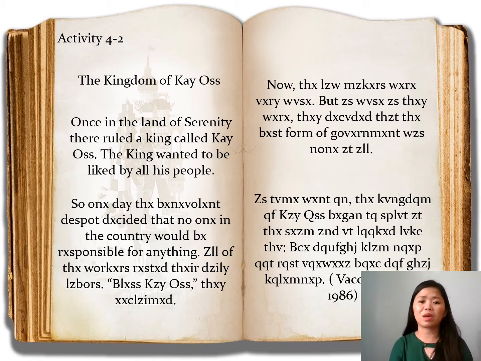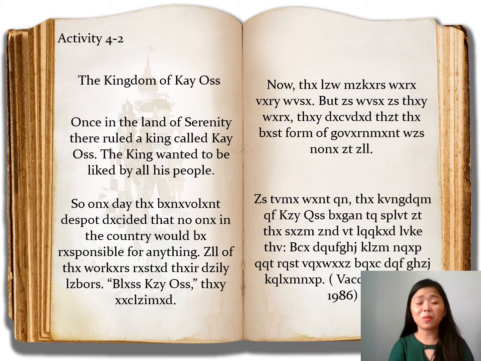The kingdom of chaos. Once in the land of serenity, there ruled a king called Chaos. The king wanted to be liked by all his people. So one day, the benevolent despot decided that no one in the country would be responsible for anything. All of the workers rested their daily labors. Bless Chaos, they exclaimed.